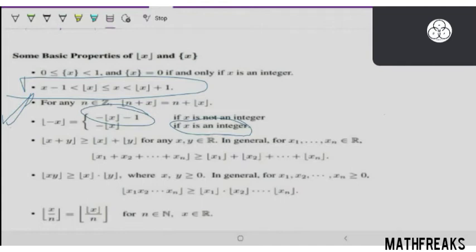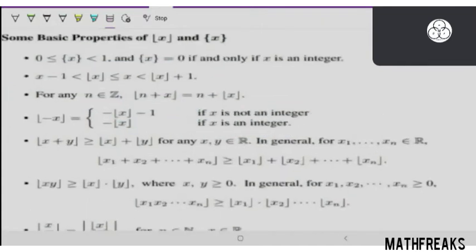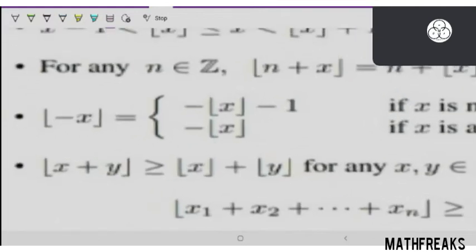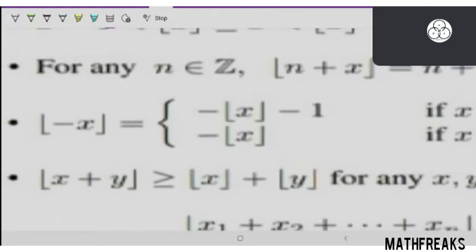I thought that this is for the curly x, right. Just focus, for the box x also, a similar kind of property holds. Whatever, box x or curly x doesn't mean anything to us. This holds when x is not an integer, and this is equal to minus x when x belongs to integers.